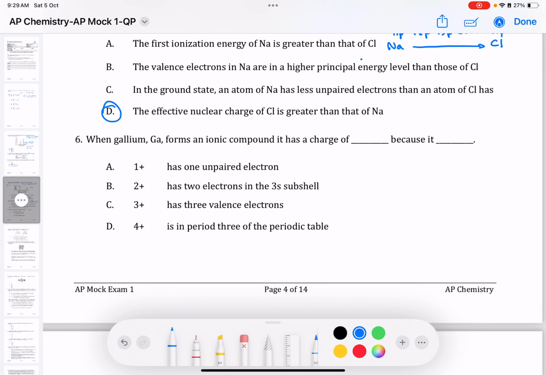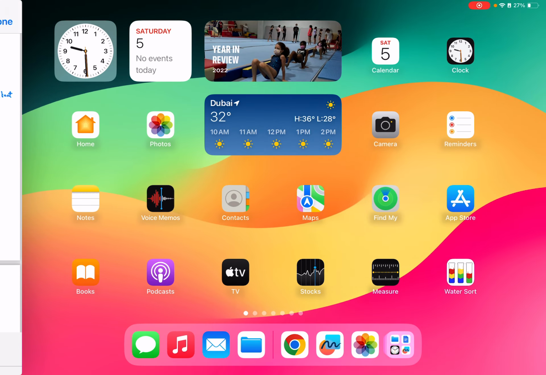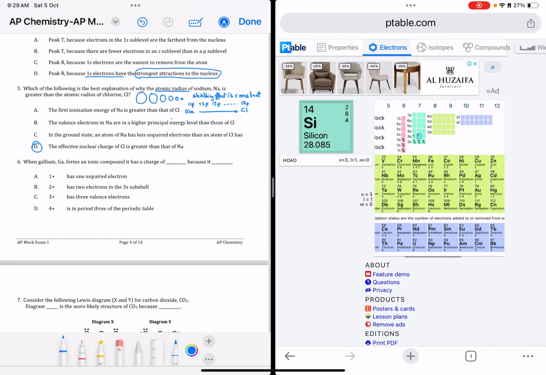Now, when gallium forms an ionic compound, it has a charge of what? If you look at the periodic table, gallium belongs to group 13. So here's gallium.